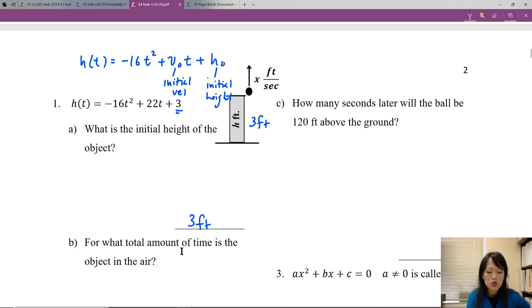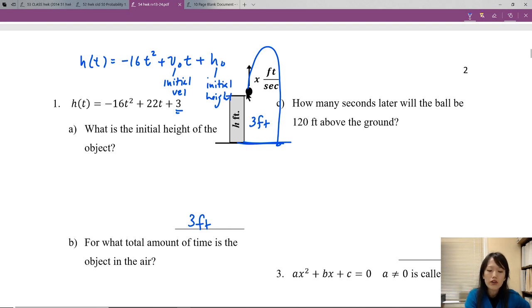Okay, so it says, for what total amount of time is the object in the air? How do I figure out the total amount of time of the object in the air? This is the height of the object. t is time. So what is the height once you hit the ground? 0, right? I start out at 3 height. So basically, I need to set h to be 0 and solve for t.